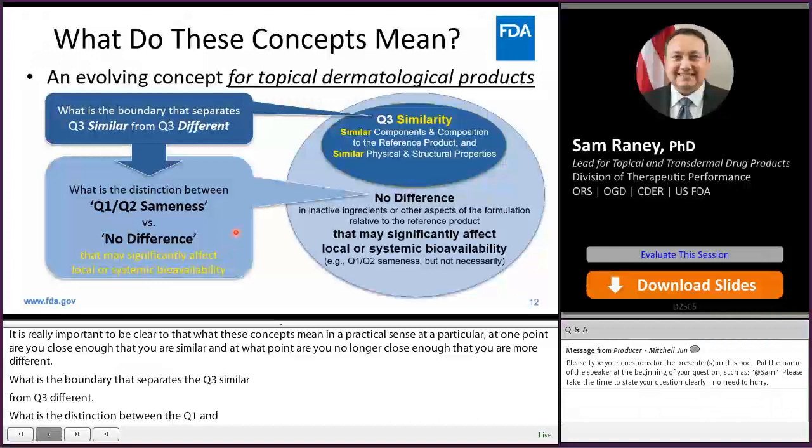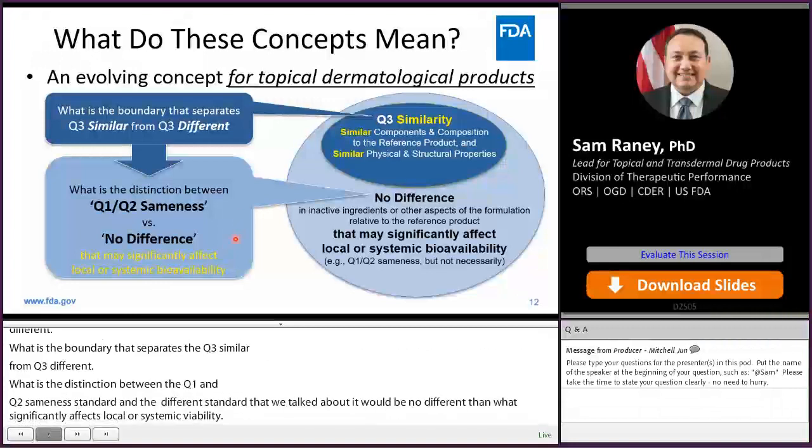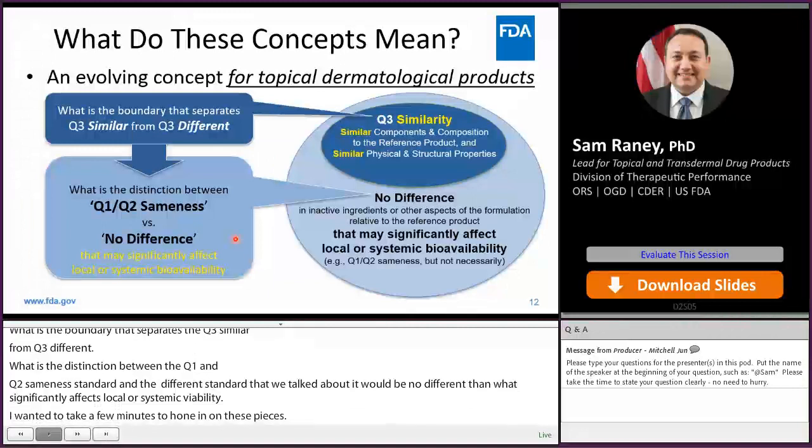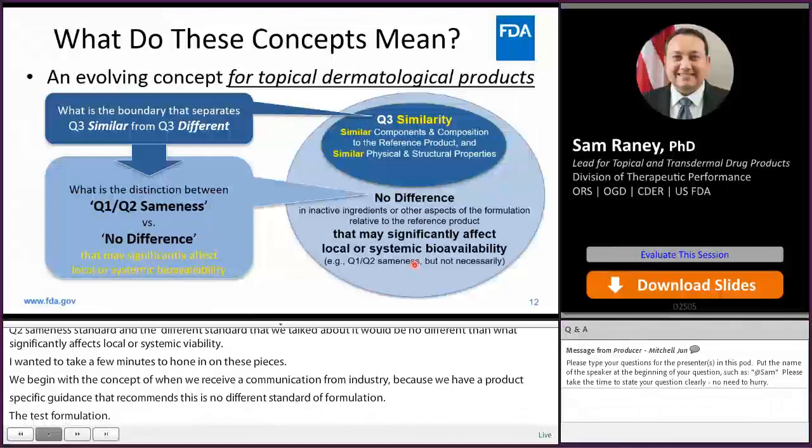So we'll begin first with the concept of when we receive a communication from industry, because we have a product-specific guidance that recommends this no difference standard, that a formulation, the test formulation, the prospective generic formulation, should qualify under the no difference standard in order to be eligible for a characterization-based approach, to be suitable for that. So when we assess these formulations, what do we do?